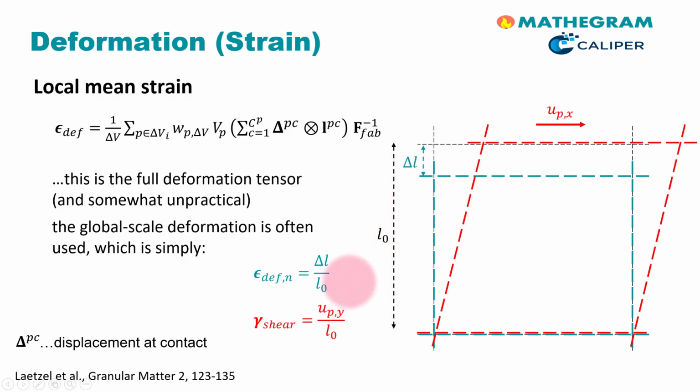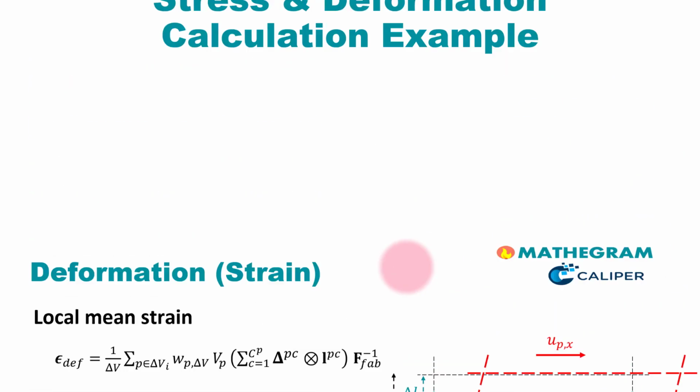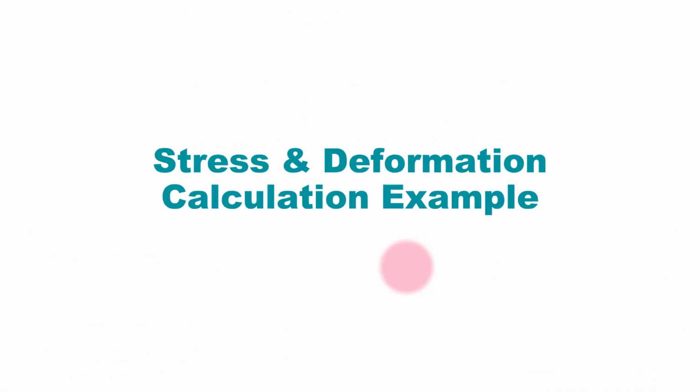Note that this deformation can be defined, of course, in all three directions of the coordinate system. Second, we define the shear rate, which is the ratio of the velocity u_px and the length L0, and has the units of 1/second. Great. We are now done with the pure theory.